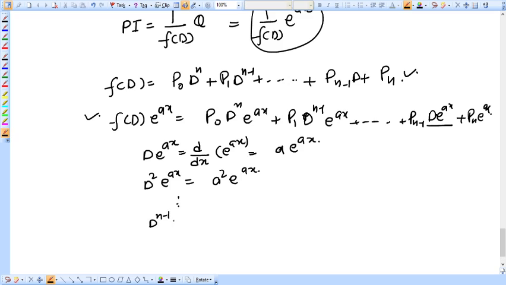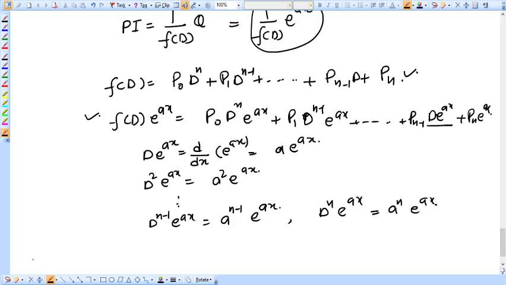D^(n-1) e^ax would be equal to a^(n-1) e^ax, and D^n e^ax would be equal to a^n e^ax.